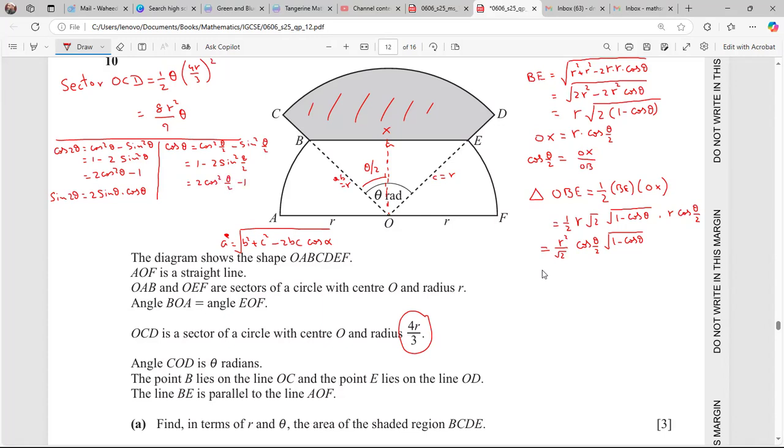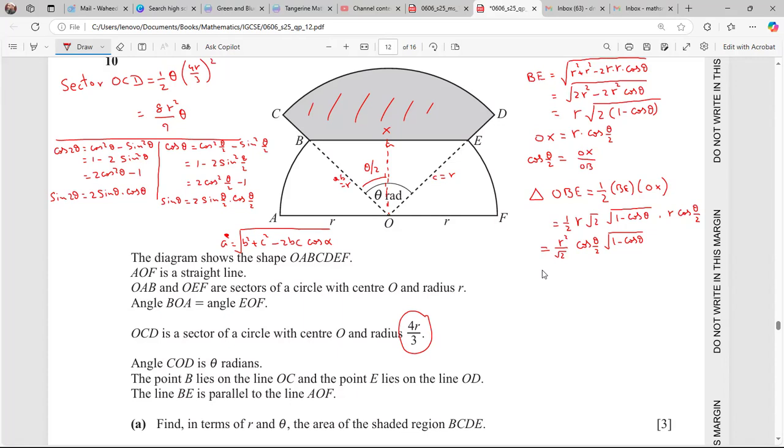And in the same way I can write sine theta as 2 sine theta by 2 into cos theta by 2. I hope nobody has any confusion about these formulas. So I'm going to use them.